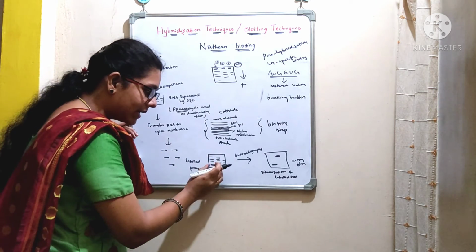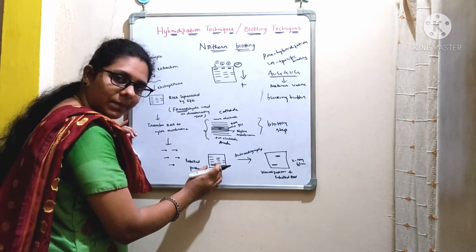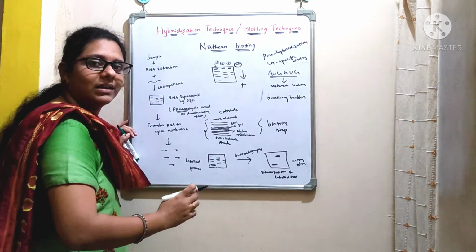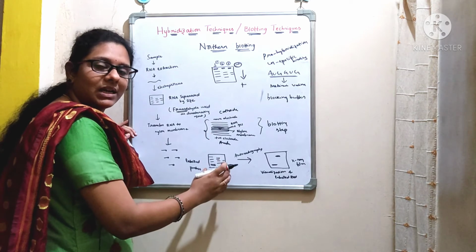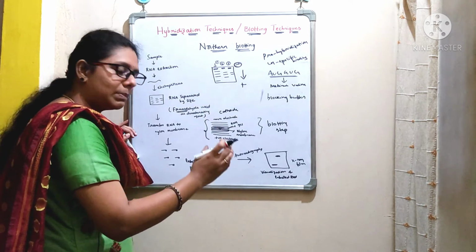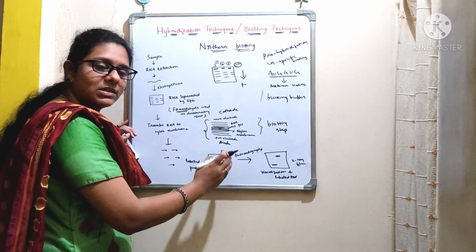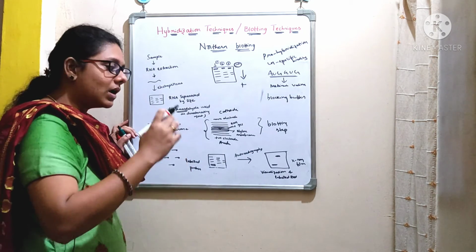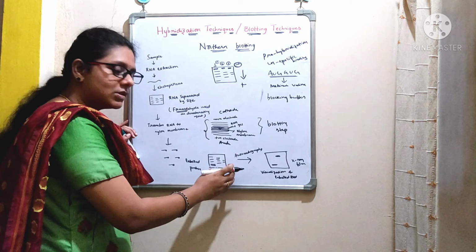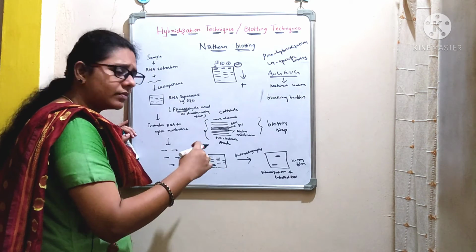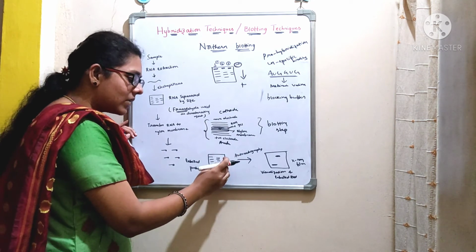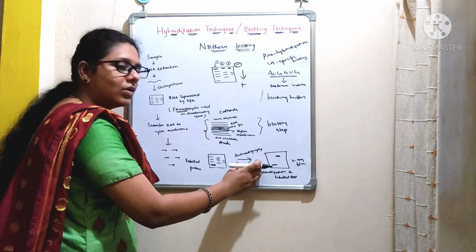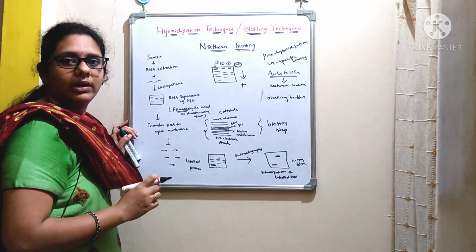So after the binding of the probes, that is after the hybridization step, what are we going to do? We are going to detect the presence of that particular RNA sequence, or the particular hybridized regions, with the help of autoradiography. We are going to subject this to autoradiography.